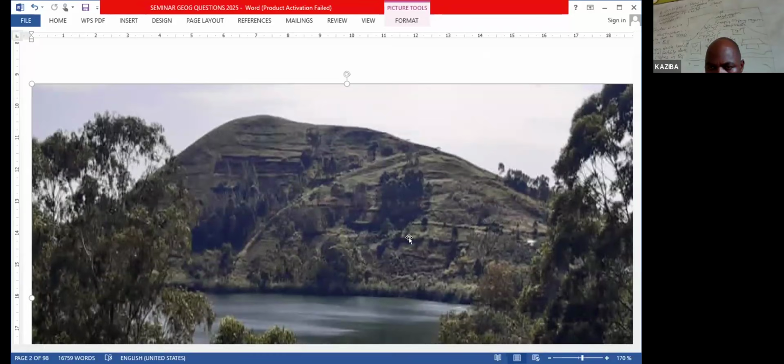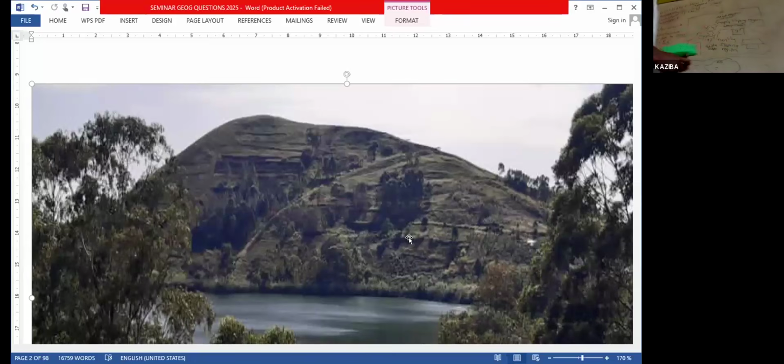Are you getting? The feature in the background is a hill, or it is an upland, or it is a ridge. So you begin by identifying the feature. After identifying the feature, then you identify the process which led to the formation of that feature.